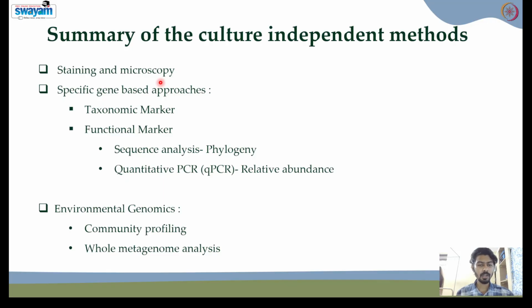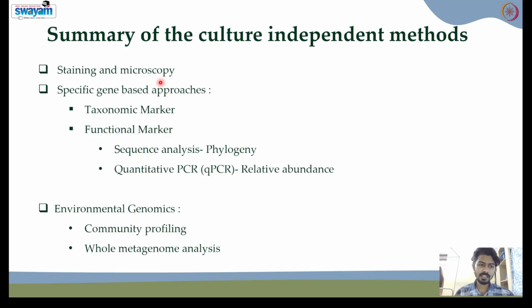Last class we discussed the staining and microscopy approach. Traditionally, microbiologists rely on growing microbes in the lab to study them. But we understand from our past lectures that 99% of the microbes in nature cannot be cultured. Then how do we study them? We can study them by using appropriate culture independent techniques. We will see what culture independent techniques one can follow to understand microbial diversity.